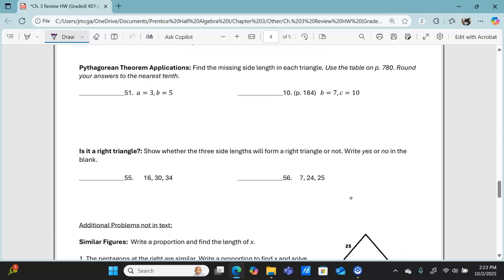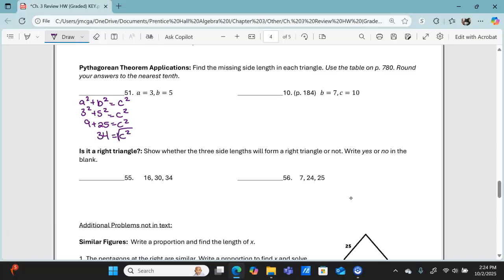The Pythagorean theorem, we're going to find the missing side to the nearest tenth, and that page number for your table is wrong. It's on page 804 in your textbook. So 3 squared plus 5 squared equals c squared. 9 plus 25 equals c squared. 34 equals c squared.